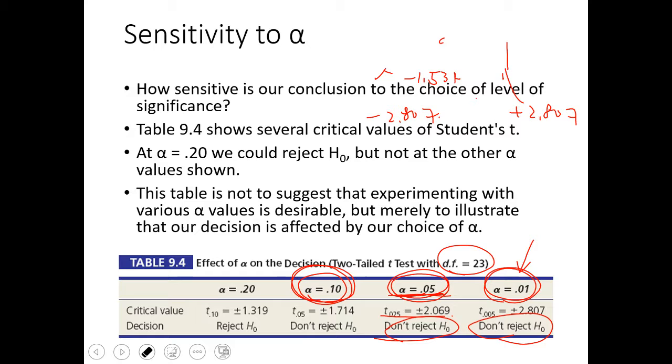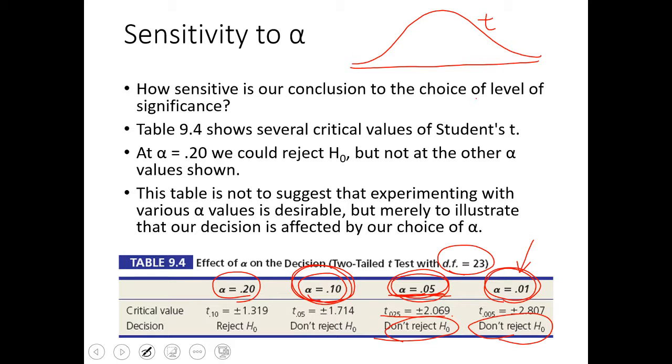However, if we consider a 20% significance level, then we have the t distribution with degrees of freedom 23. A 20% significance level means that the right tail covers 10% and the left tail covers 10%. Let me exaggerate the graph.